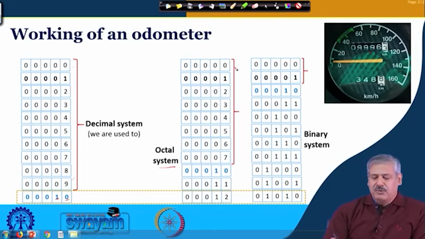After 1 unit distance travelled, it goes from 0 to 1, which is fine, then 2 units goes from 1 to 2, but when it goes up to 7 units, which is there in the representation 0 to 7, after that when it travels one more unit, 1 more kilometer, what will happen? 8 is not available, it is an octal system, 0 to 7 is only available. So, at that time what will happen?